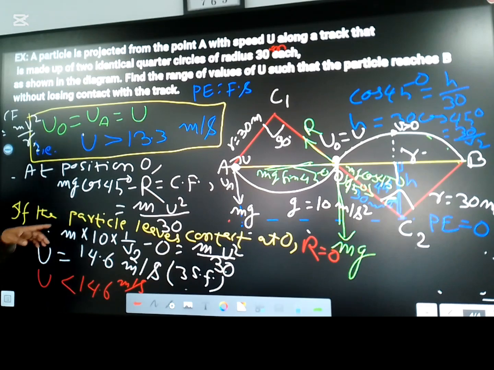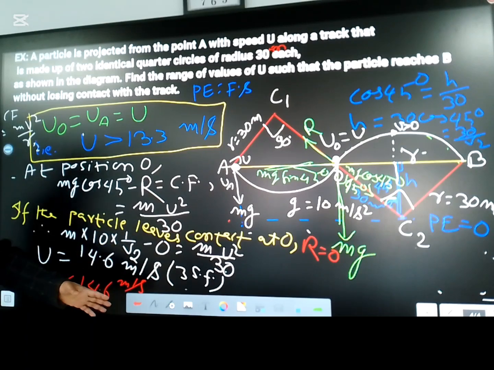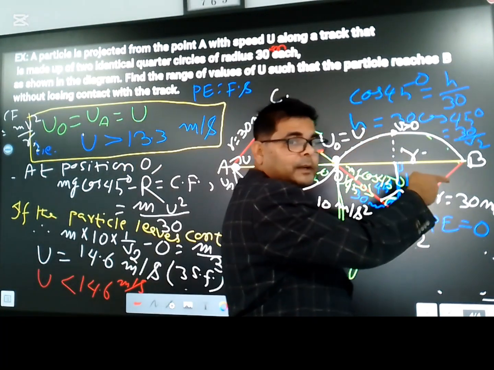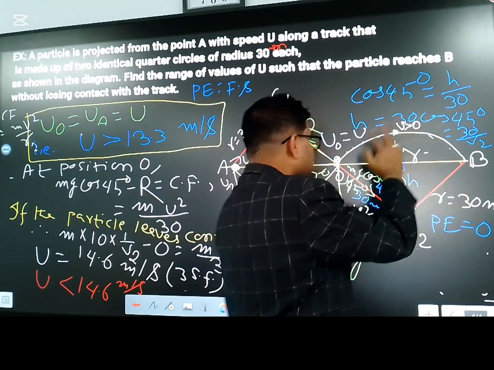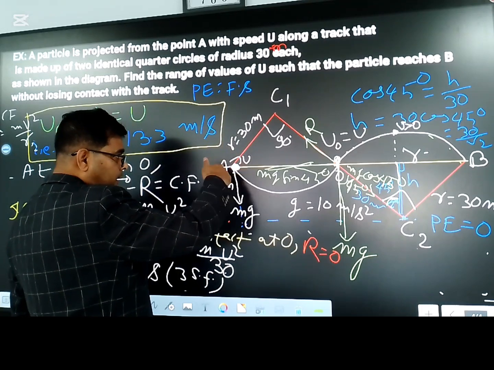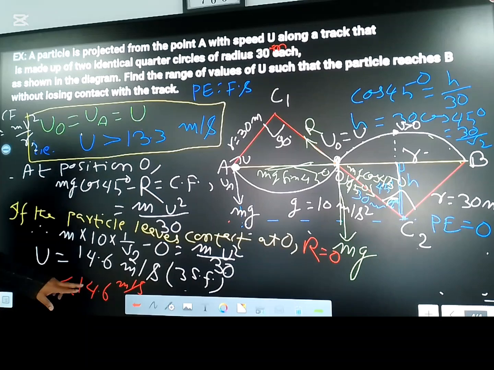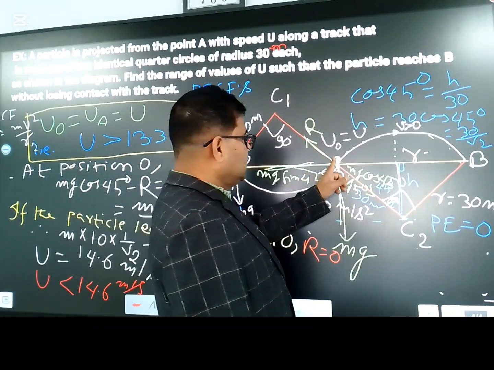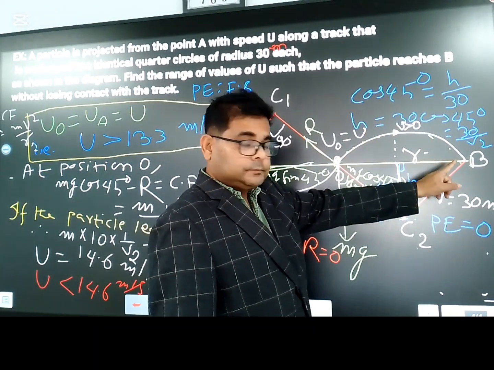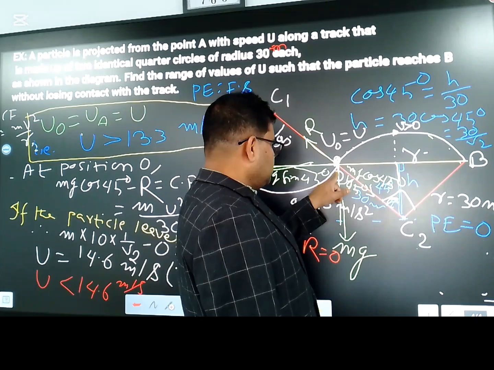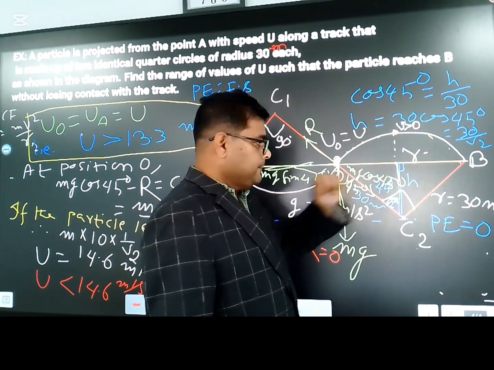So at a u value equal to or bigger than 14.6 meters per second, the particle will definitely lose this contact. But if the speed provided at this point is just less than 14.6, then it will guarantee that the body will not lose the contact with this track when it moves from the point O to B.